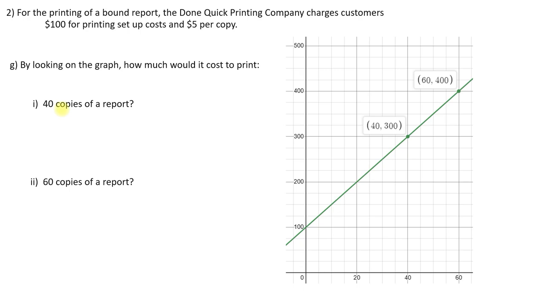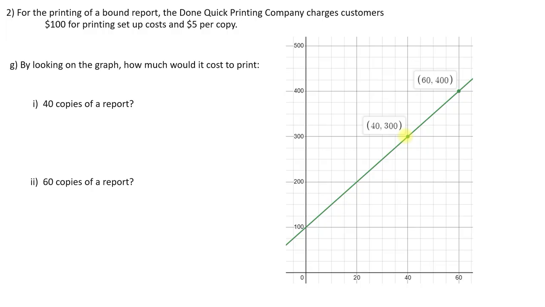By looking at the graph, how much would it cost to print 40 copies of a report? Well, we can simply look at our graph here, come across to the 40 copies point, and then go up vertically, and we'd see that that matches the 300 on the cost or y-axis.